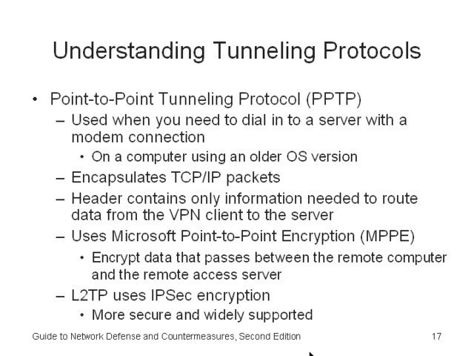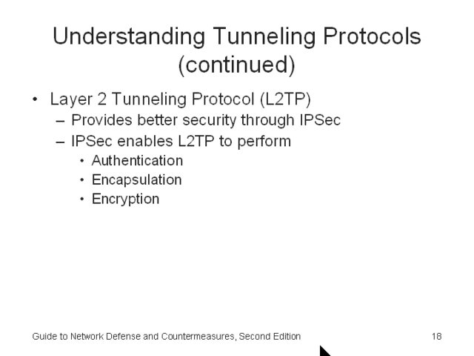IPSec is actually an international standard as opposed to Microsoft's version of the encryption. So Layer 2 Tunneling Protocol, also called L2TP, provides better security through IP security as opposed to MPPE, and we'll discuss what IPSec is shortly.